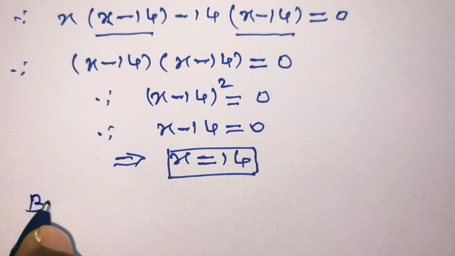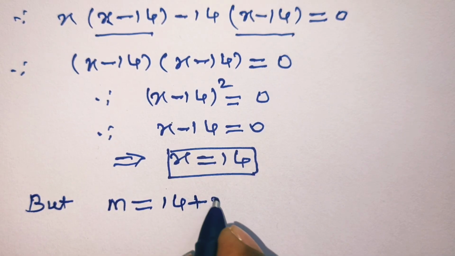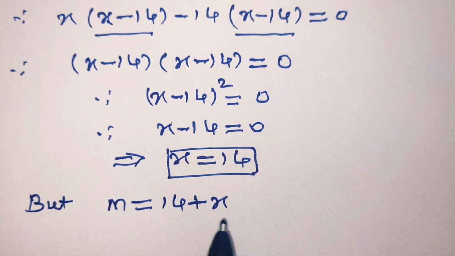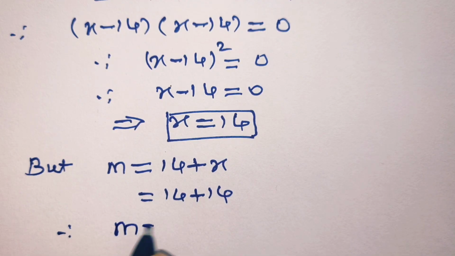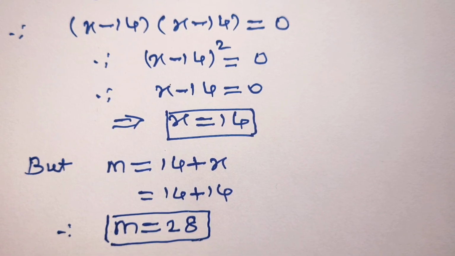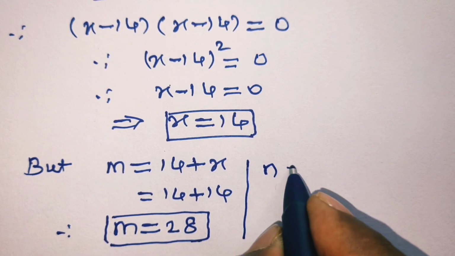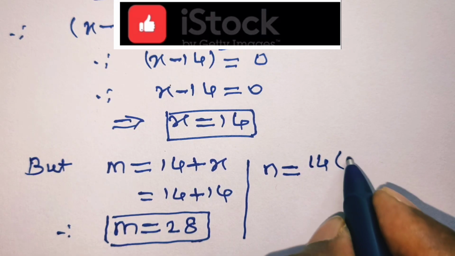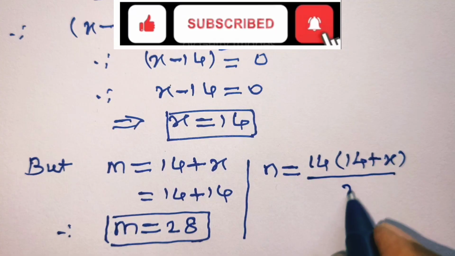But m is equal to 14 plus x, and x is 14, so put here 14 plus 14. Hence m is equal to 14 plus 14 is 28. Value of m is 28. And you know, n is equal to 14 into 14 plus x divided by x.